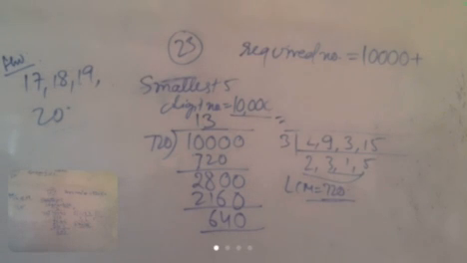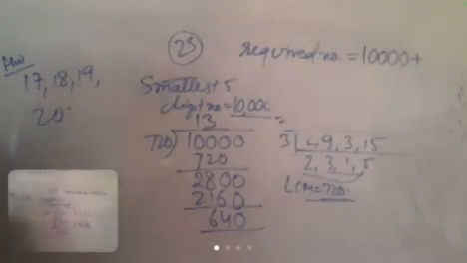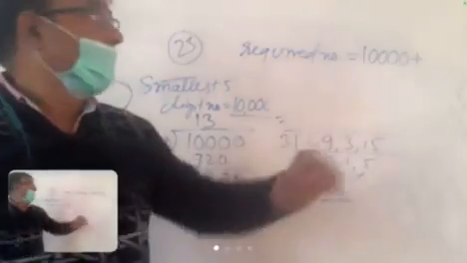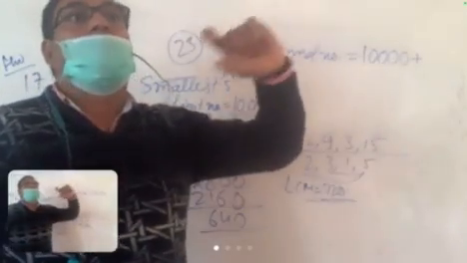If we subtract even 1 from this, will it remain the smallest number? Speak up loudly. I am asking the offline students. Yes or no? What will happen if we subtract 1? Yes, this number changes to the greatest number.